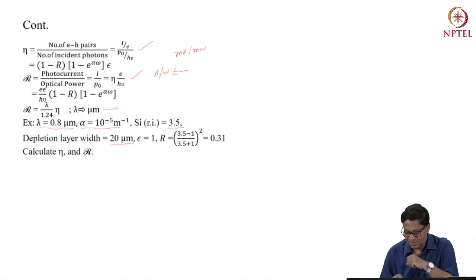And I assume that epsilon is 1, where the conversion of all the photons will result into electron-hole pairs.